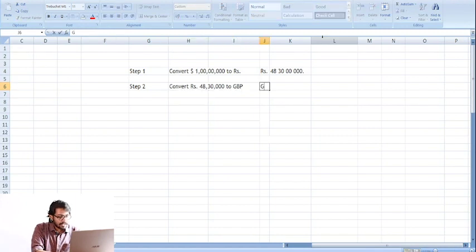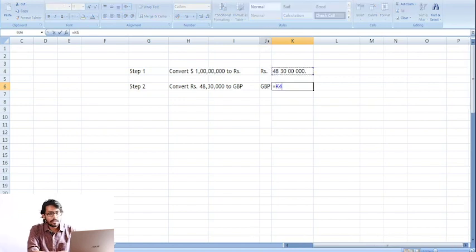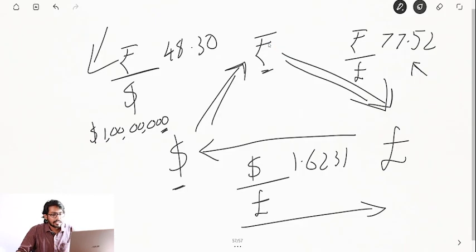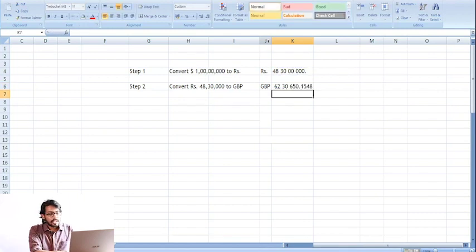You will get GBP. 48 crore 30 lakh, and what is the rate? The rate is 77.52. You are converting rupee to pound, so rupees 48 crore 30 lakh divided by 77.52. You will get 62 lakh 30,650.